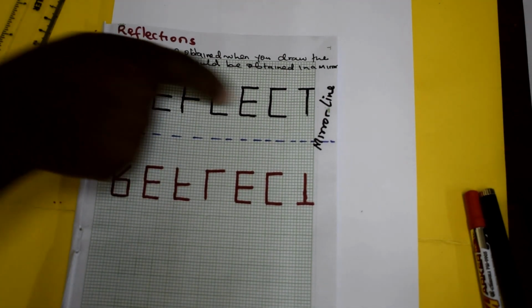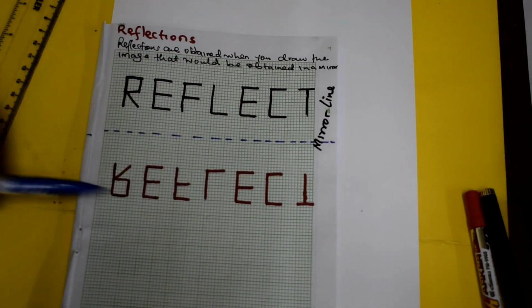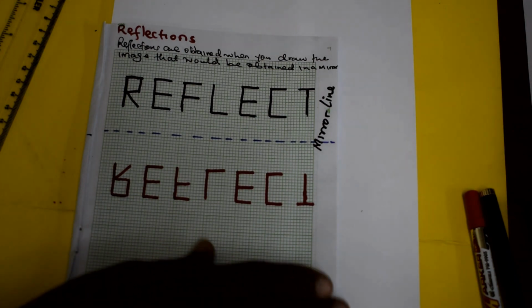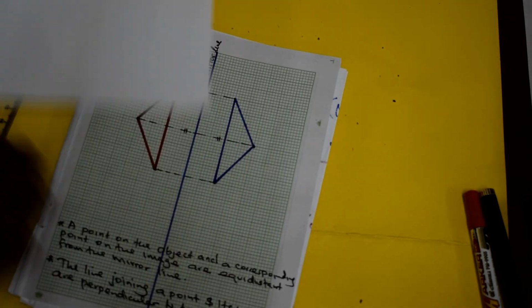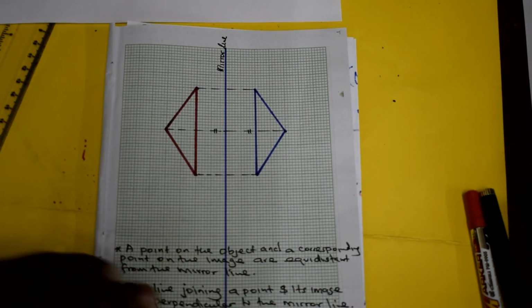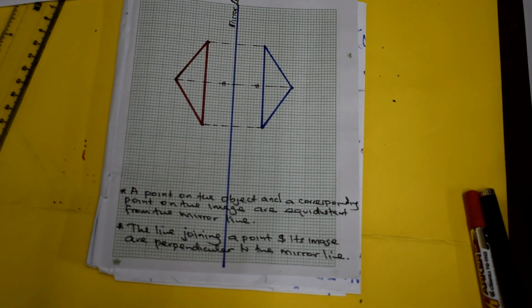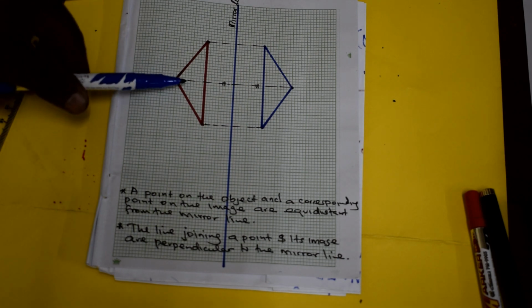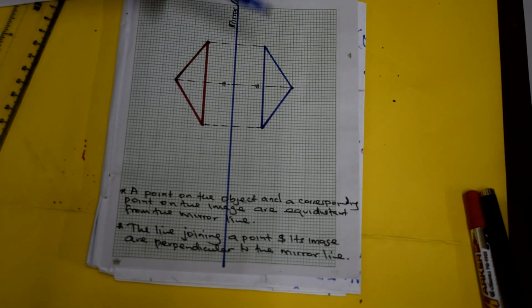So this is the object, we call this one the object, and this one becomes our image. So let's consider how we can relate these two. This is our object, and then this is our image. So if a mirror line is placed there, this is what will be formed.